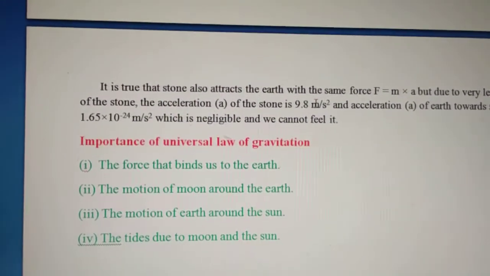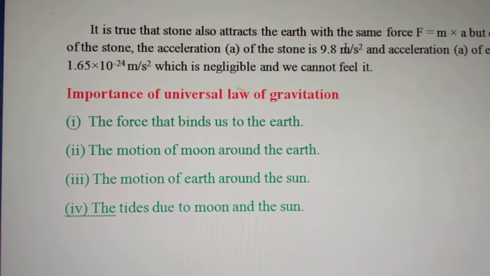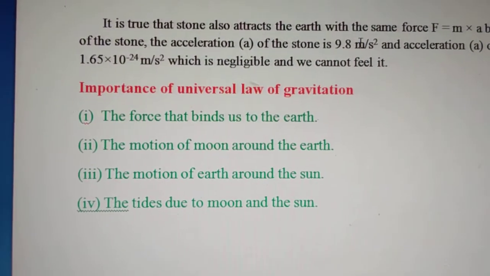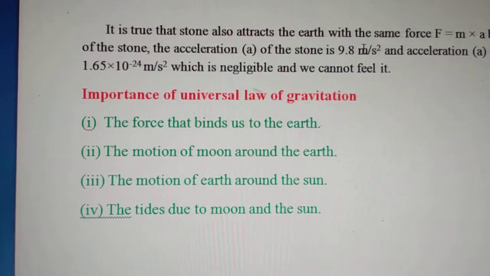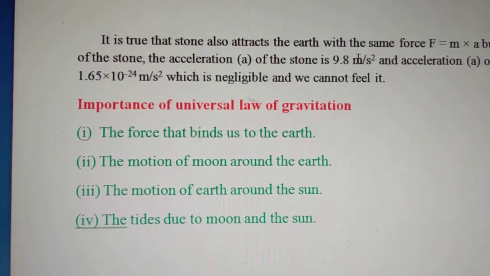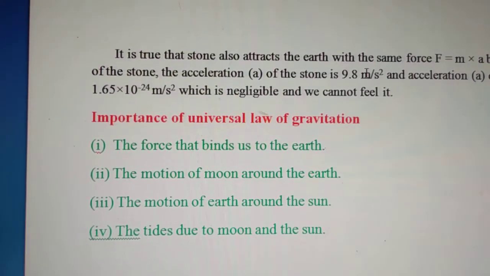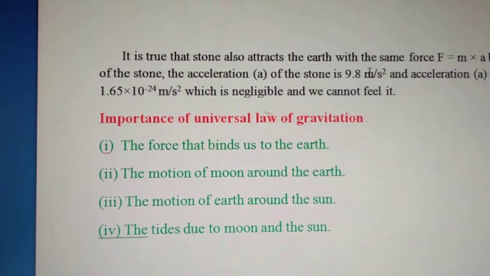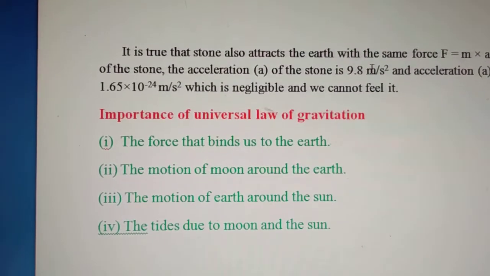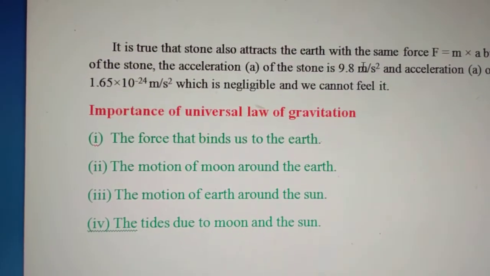Then what is the importance of the universal law of gravitation? It tells us about the force that binds us to the earth. Another important thing is that the motion of the moon around the earth is due to this gravitation.